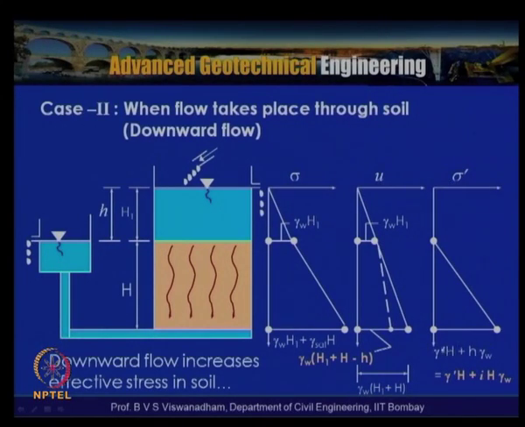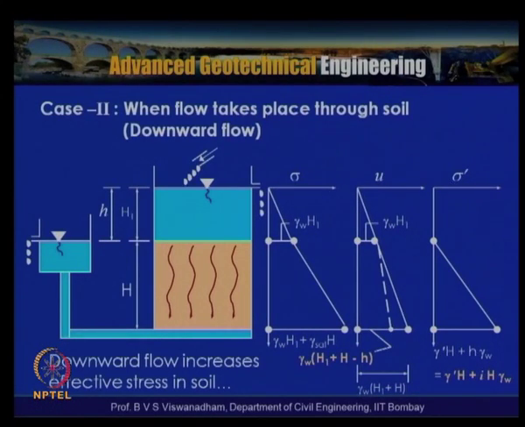But here, when there is no water flow, we have effective stress as gamma dash H, but now because these two terms get cancelled, what we will have is gamma dash H plus h gamma W.